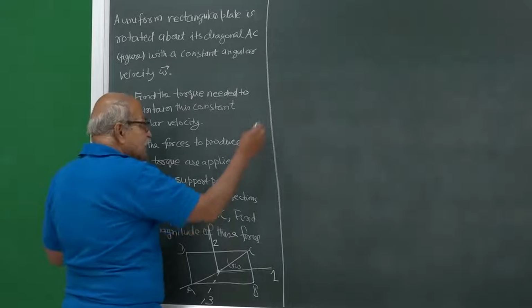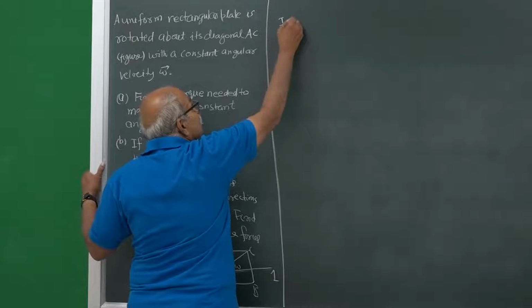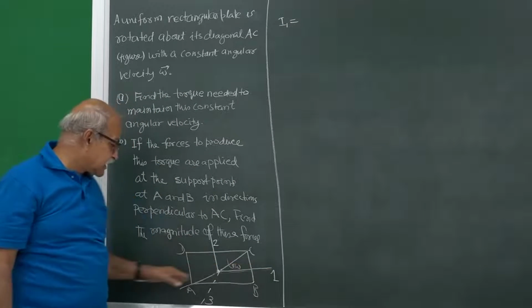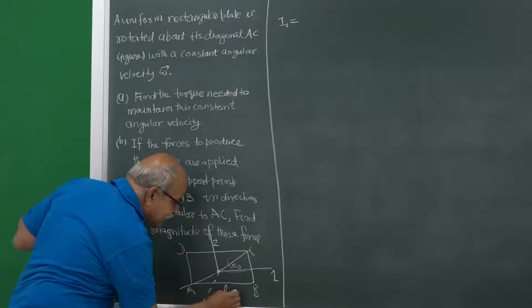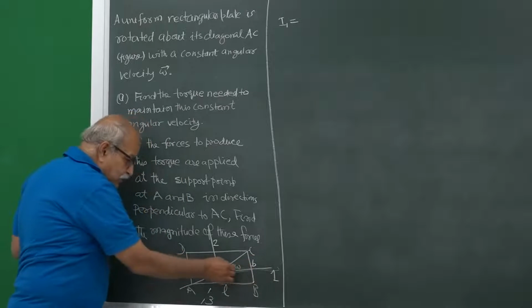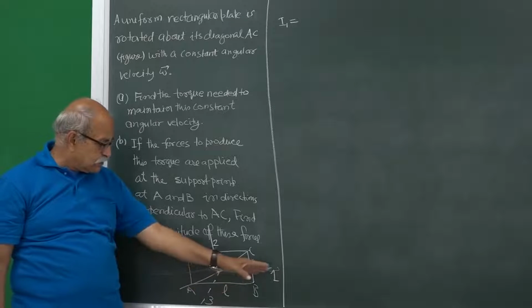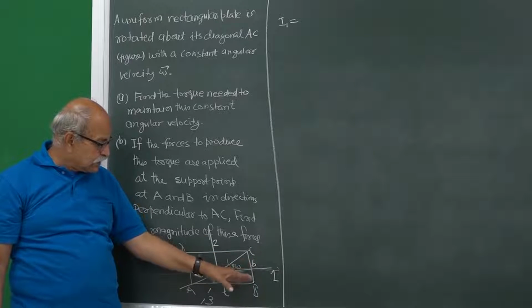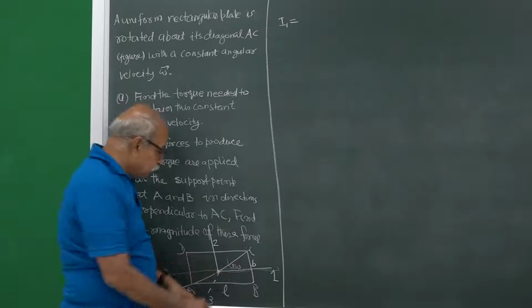So, I can write what is I1. I1 is the usual moment of inertia about the first axis. Let us take length as L and width as b. So, the moment of inertia of this plate about this line will be m b square by 12, where m is the mass of this plate.